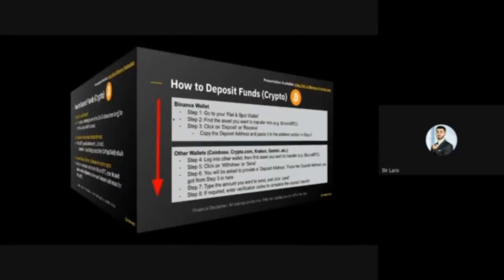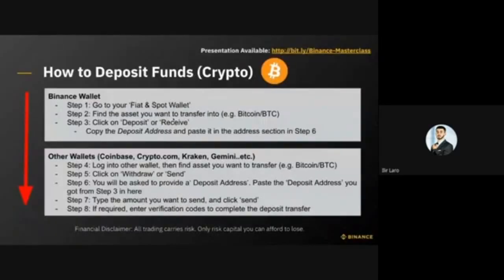So moving on to the next slide, again, this is quite a lot, but I think this is really good for referencing if you do want to deposit funds. This is just a step-by-step process. Essentially what I've done here is just Alice and Bob, but instead of Alice and Bob, I've just put Binance Wallet and other wallets. So in this case, Binance Wallet is Bob and other wallets is Alice. You want to send money from other wallets to your Binance Wallet.